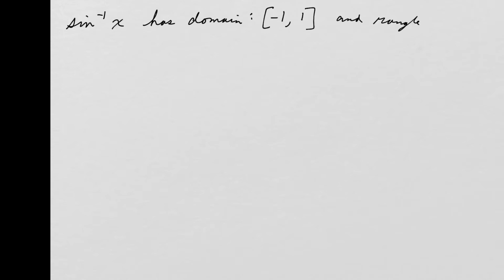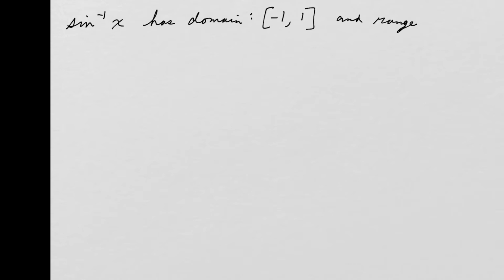So the inverse sine function, I'll just say of x in general, has domain... So now the input can be between -1 and 1. And then the output in the range here is going to be our angle, right? But remember, the output has to be between negative pi over 2 and pi over 2.